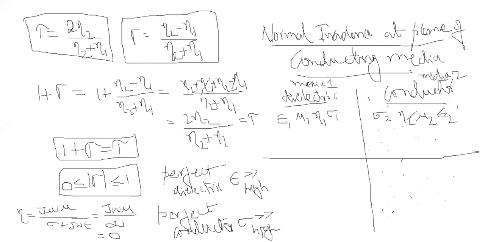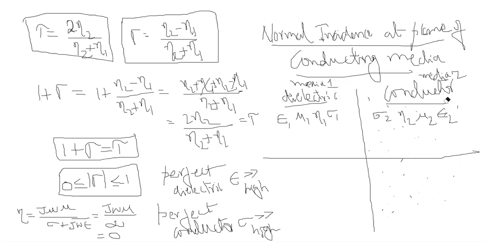In this, the intrinsic impedance eta 2 is 0. You can substitute into the transmission coefficient 2 eta 2 by eta 2 plus eta 1, or the reflection coefficient eta 2 minus eta 1 by eta 2 plus eta 1, substituting eta 2 as 0. Why?